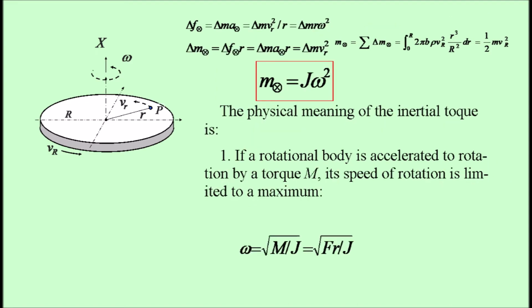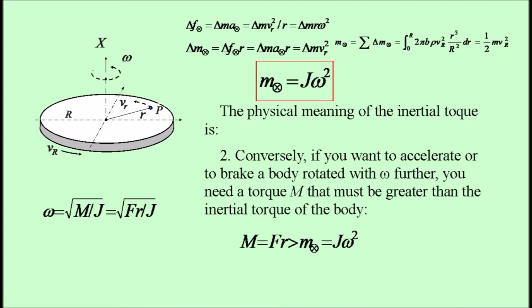The physical meaning of the inertial torque is: if a rotational body is accelerated to rotation by a torque M, its speed of rotation is limited to a maximum. Conversely, if you want to accelerate or to brake a body rotated with omega further, you need a torque M that must be greater than the inertial torque of the body.